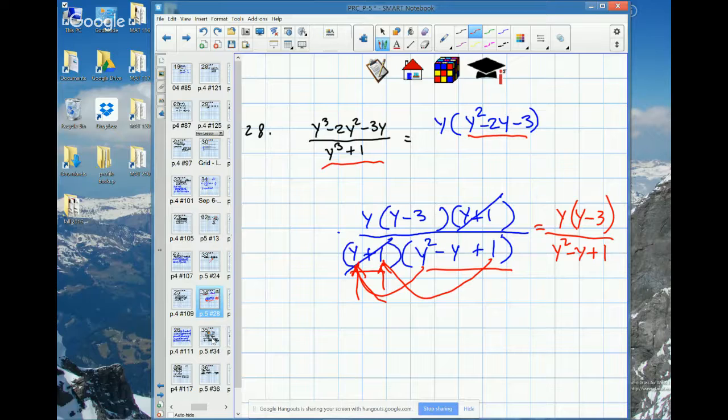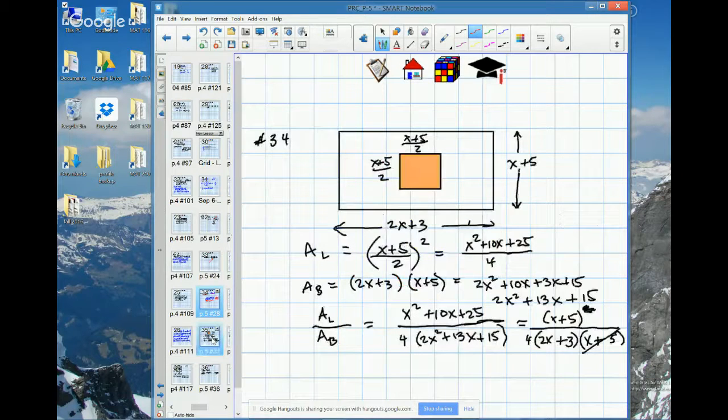Here we have a graphic problem. We've got this picture, and the book says, can you find the ratio of the area of the shaded portion to the total figure?